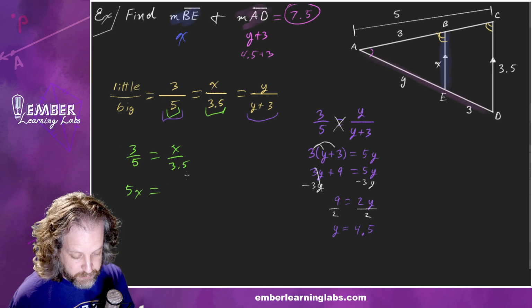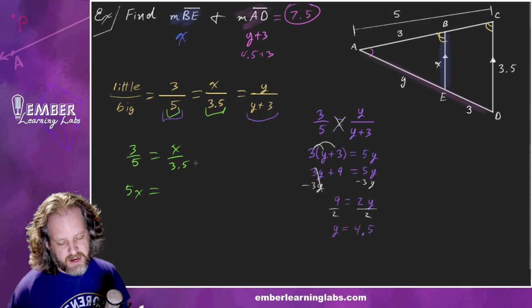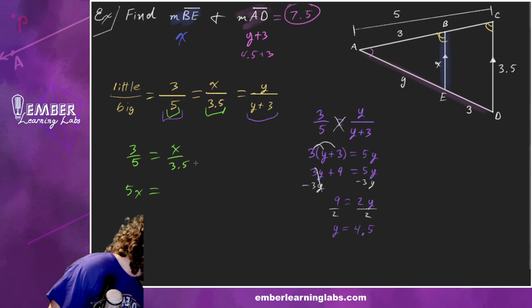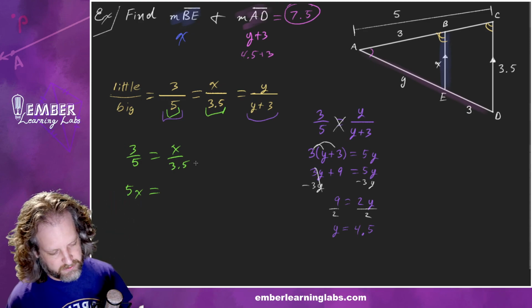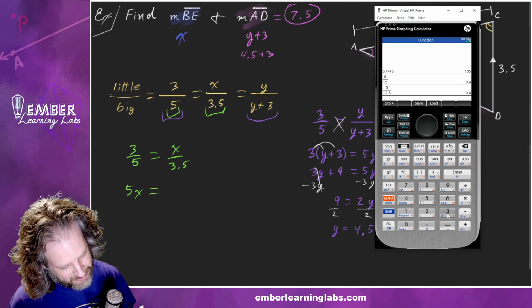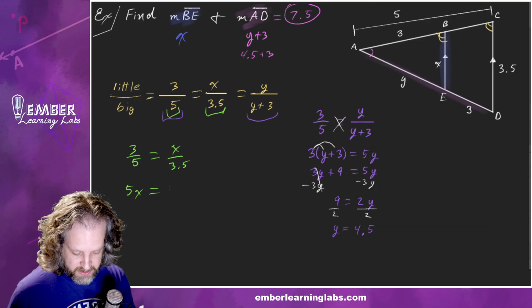And 3 times 3.5 is 10.5. Let me verify. So verify with this guy. 3 times 3.5 equals 10.5. Yay, I did it.